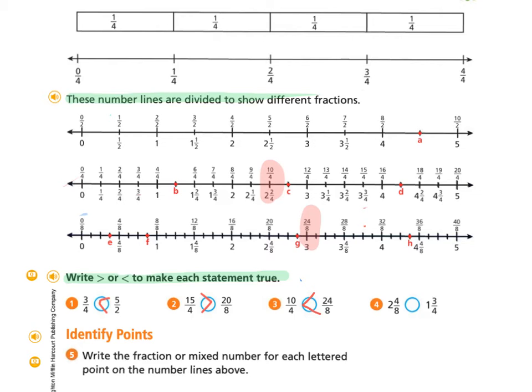For number 4, you should have identified 2 and 4/8 here, and 1 and 3/4 here. Once I've found those, I can see that 2 and 4/8 is greater than 1 and 3/4.